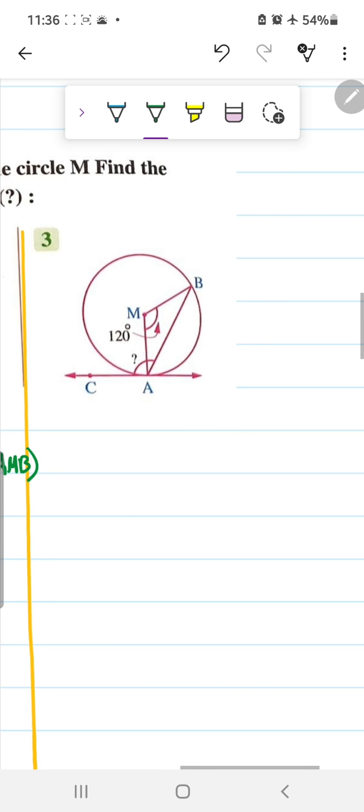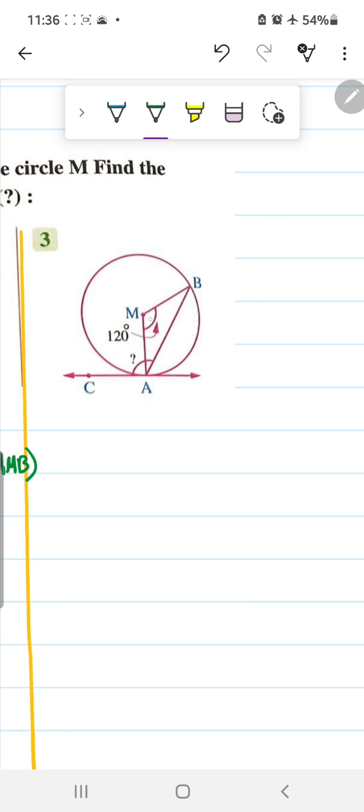What about number 3? We have here central angle 120, and we want to get this angle of tangency BAC, but BAC and BMA are not subtended by the same arc. How can I solve it? First of all, we have measure of angle BMA 120, so the measure of arc AB also equals 120.